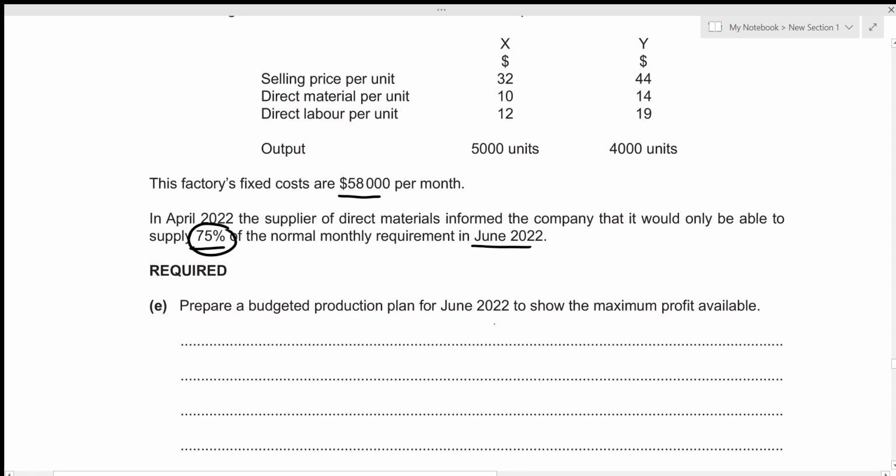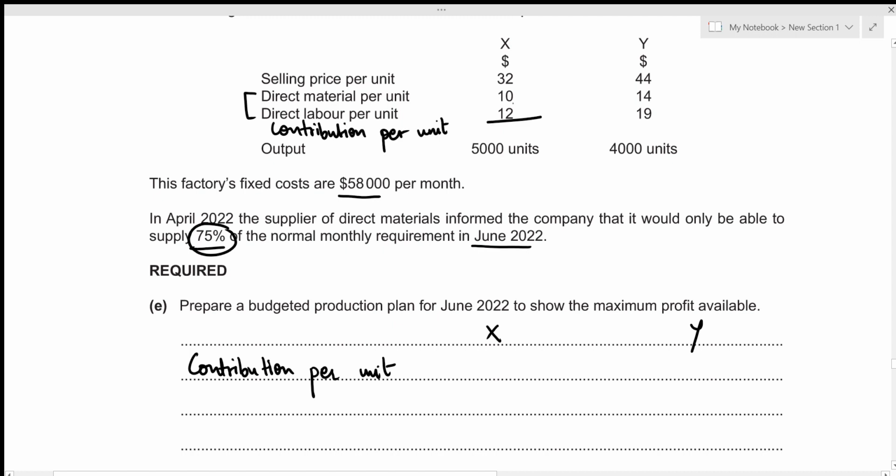We have product X and product Y. So first of all, we require the contribution per unit. Now we are given the information regarding selling price and our variable cost, which is the direct material and direct labor. So we can easily figure out the contribution right here. So that's contribution per unit.